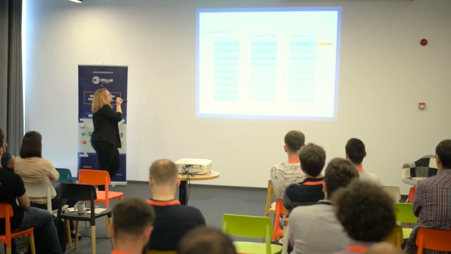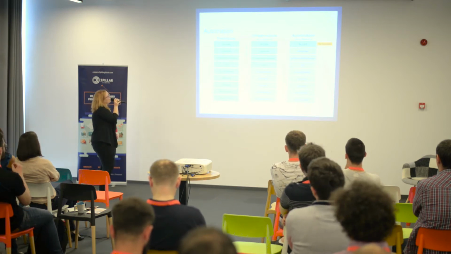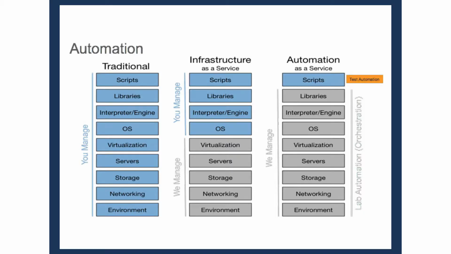As you can see over here, traditionally, an automation engineer would have to write the scripts, develop the libraries, and also take care of all the infrastructure, development and execution environment, and how all of these come together. With infrastructure as a service, we can remove the struggle of setting up the infrastructure and development environment, allowing the user to focus only on writing scripts, developing libraries, and taking care of the execution.